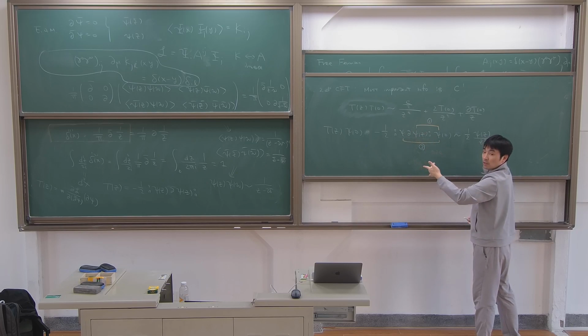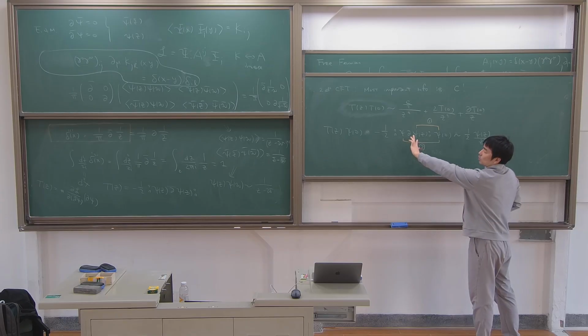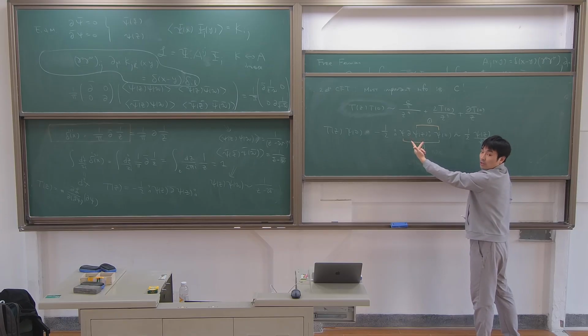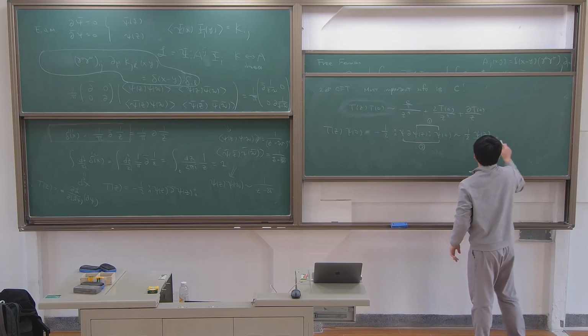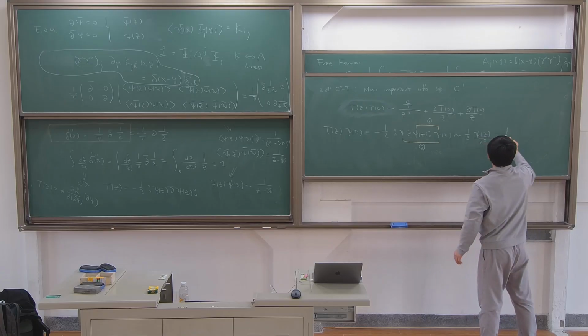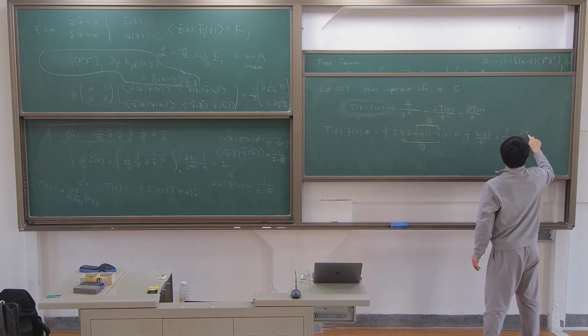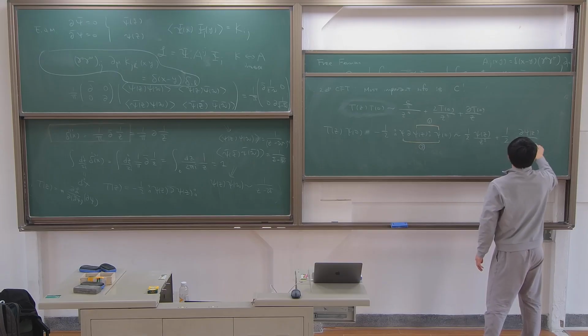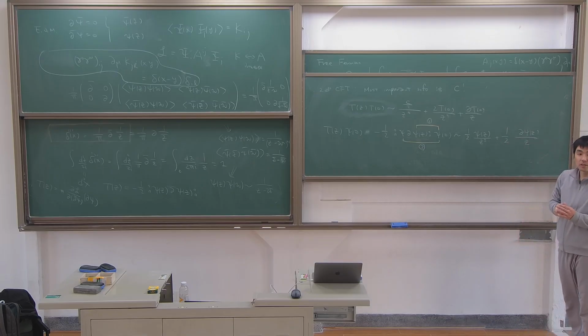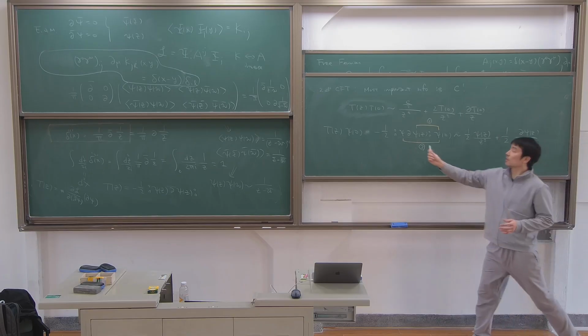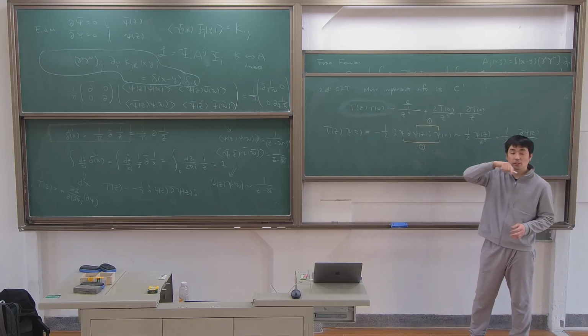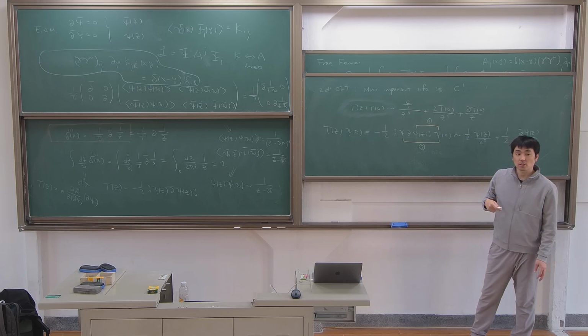Because of this exclusion principle, once you flip the order, you have to get the minus sign. Therefore, you have a minus 1 half down sine t over z. That's what you get. Is it okay? So then here plus sign because of this.